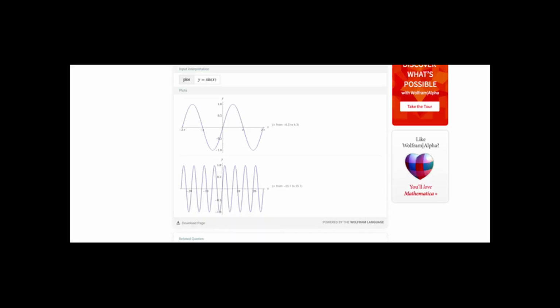Okay, let me just repeat the question. A ball going to the right at 1 meter per second. The x-axis is time.